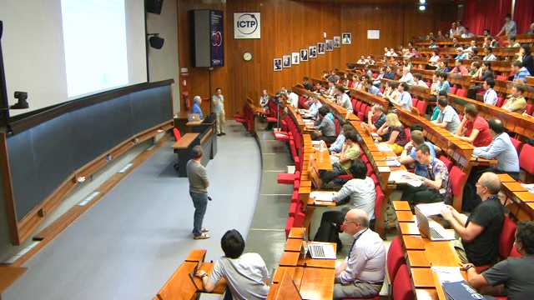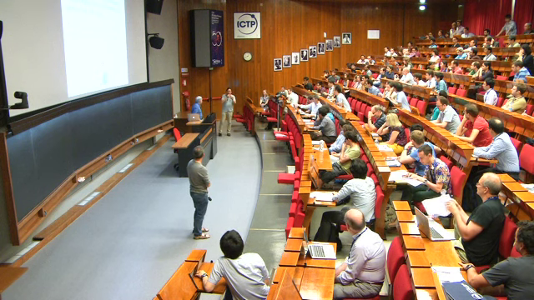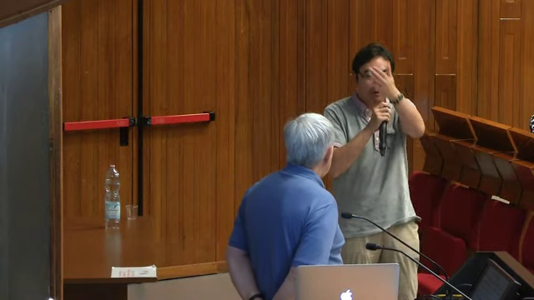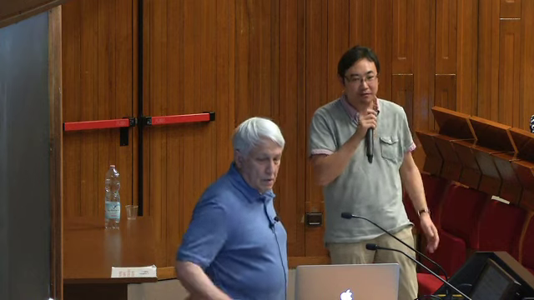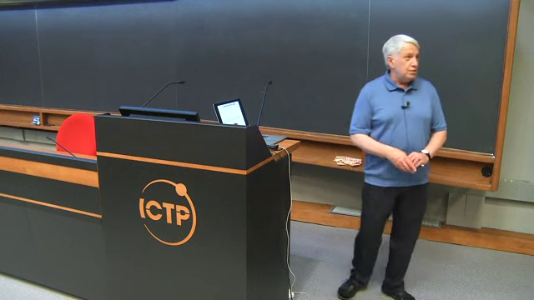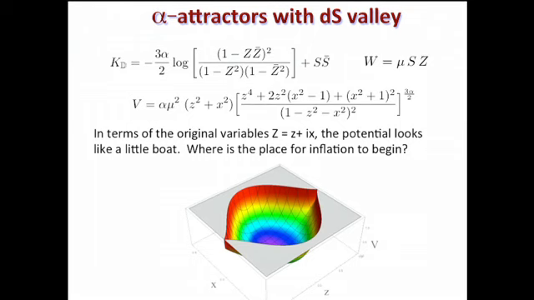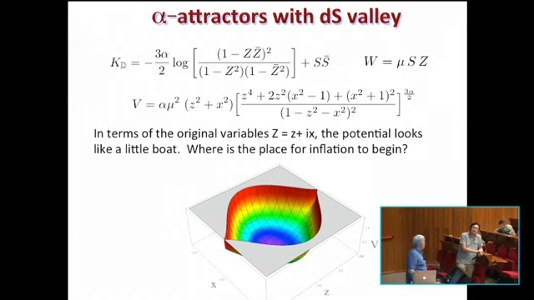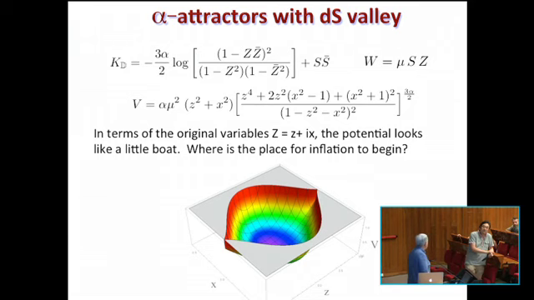Can you tell us when the pole in front of the kinetic term happens? Can you give just an example in a UV theory? You said moduli space, so when does the pole in front of a kinetic term actually happen, physically? Well, I don't know about physical intuition, but this is the Kähler potential. Look at this. It's log of 1 minus z squared, okay? And at some moment when z squared becomes equal to 1, the argument of the log becomes 0. That's the source of the pole.